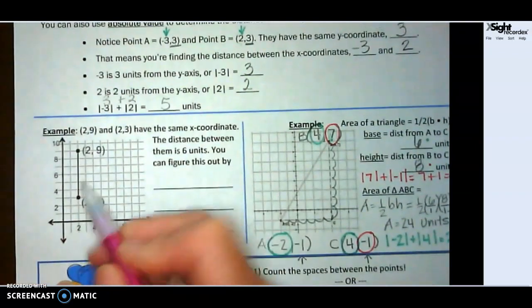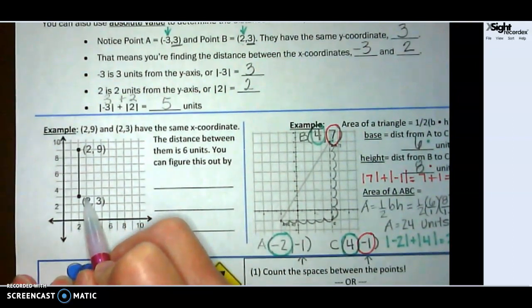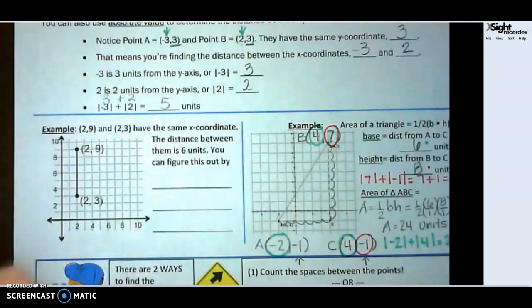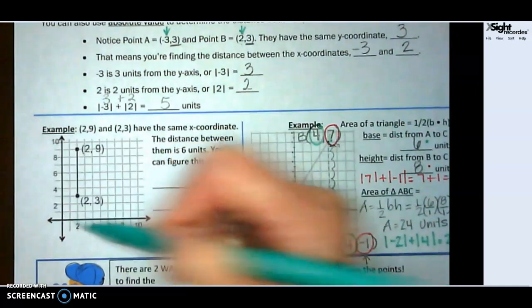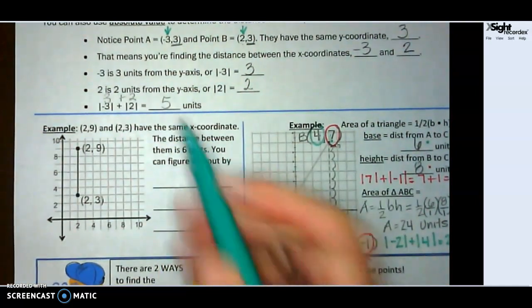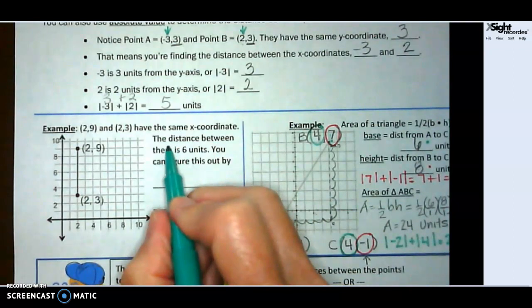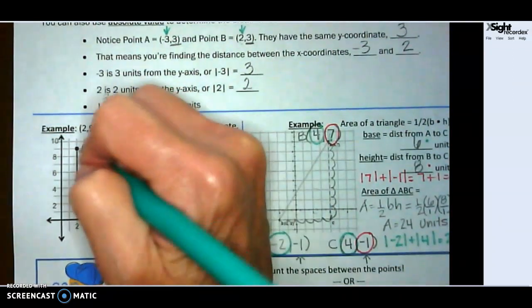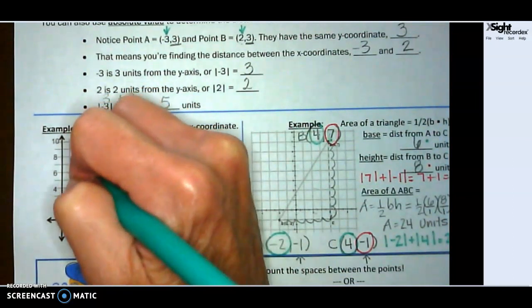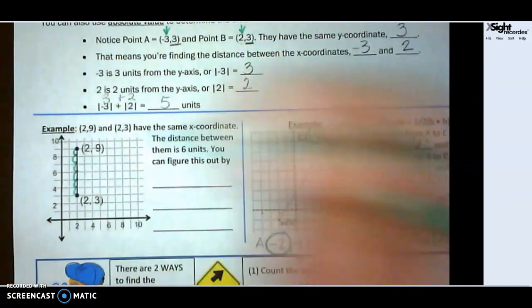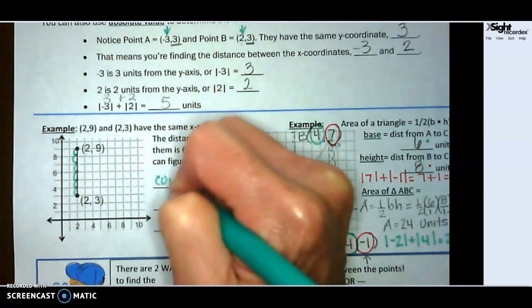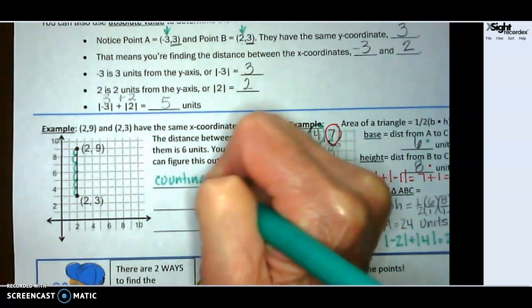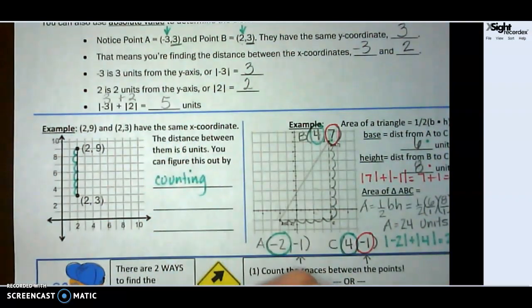If we look at this example now, you'll notice that these are in the same quadrant. All of my numbers are positive. So we can find the distance is 6 units. I did that one by counting. I can go 1, 2, 3, 4, 5, 6. So I counted, but I can also use absolute value.